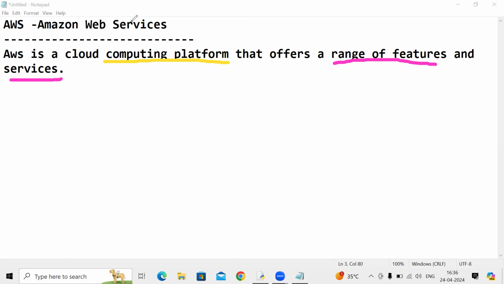In Amazon Web Services, we have modules and services.